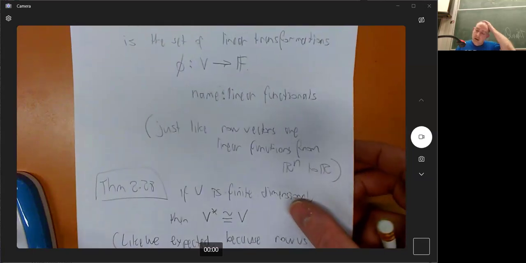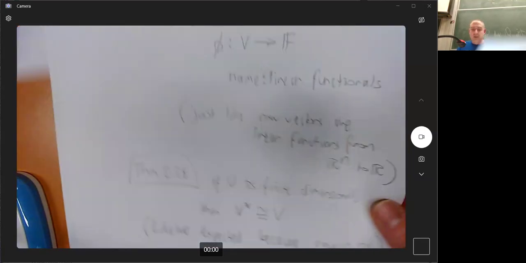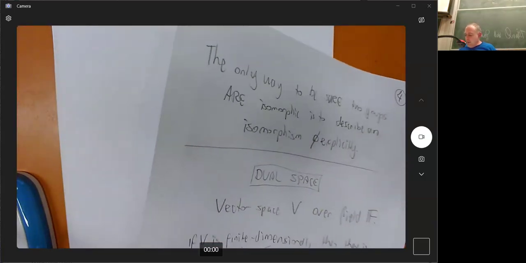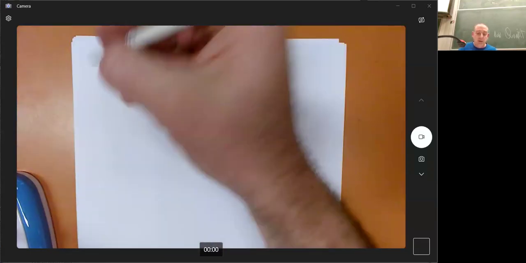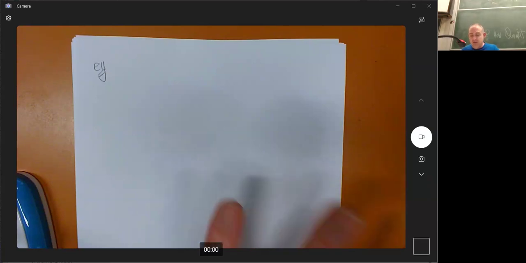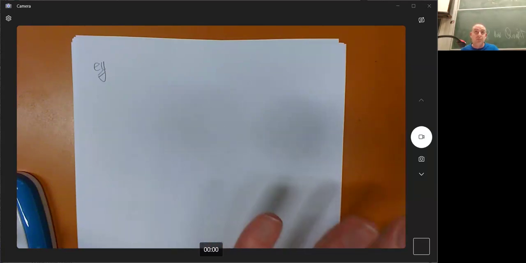Even if it wasn't finite dimensional, you can still come up with things. There's more to theorem 2.28, but the big upshot is that if it's finite dimensional, V is the same as V star, just in a different orientation. Well, at least that's how I think of it.